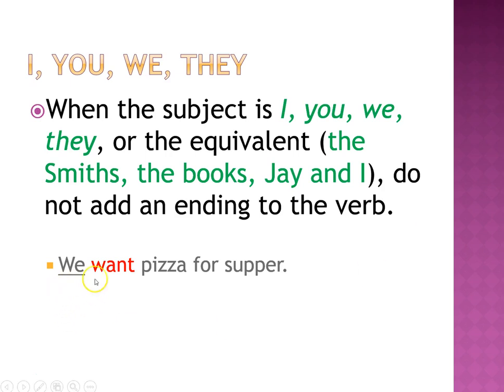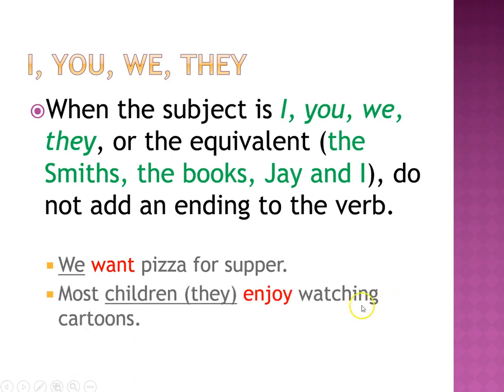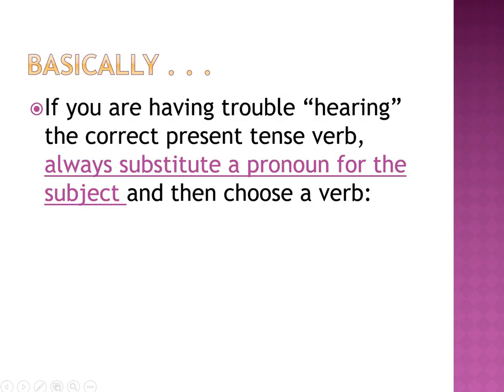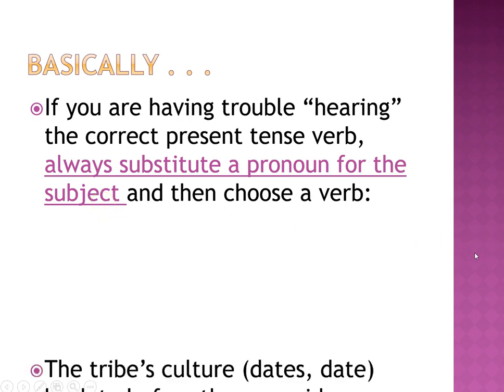So we, of course, doesn't take an S on its verb. Most children enjoy watching cartoons. Let's substitute the pronoun they, double check it. No S on that verb. We know it's correct. So basically, if you are having trouble hearing the correct present tense verb, always substitute a pronoun for your subject and then choose a verb. And trust me, it will help you every time.